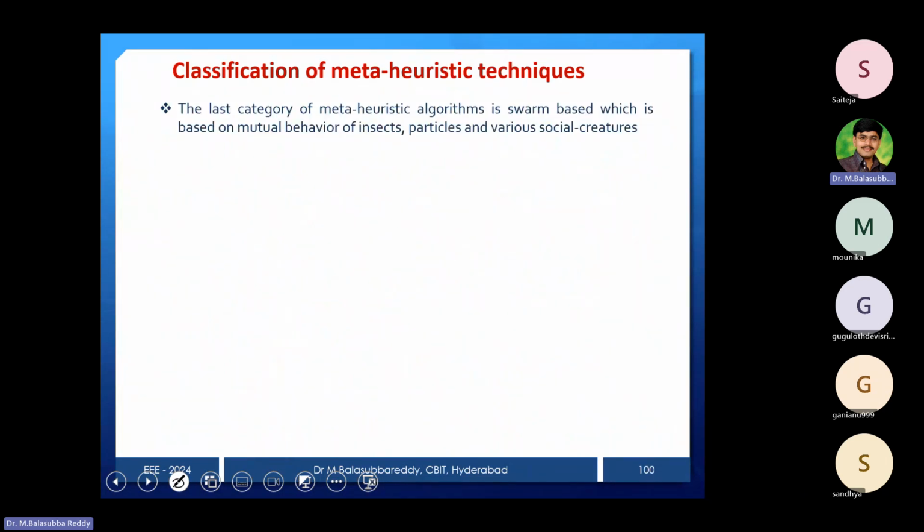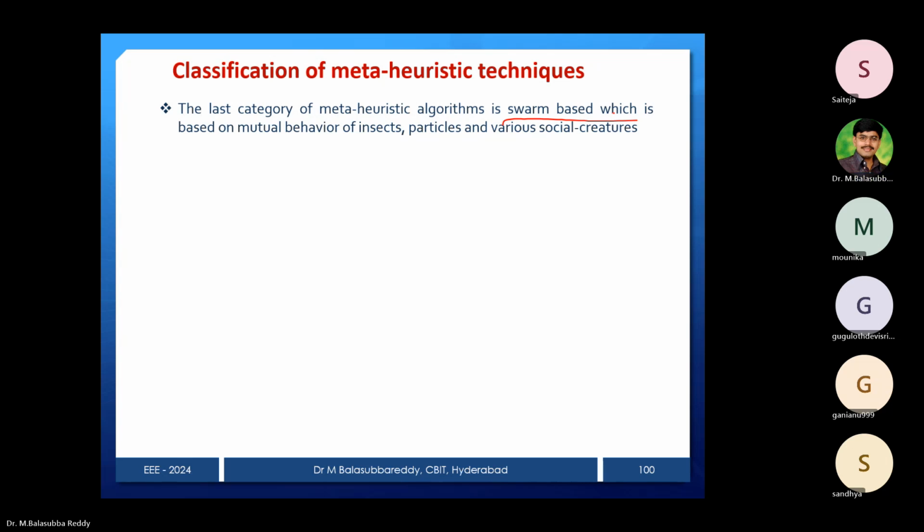The last category is swarm-based, which is based on the mutual behavior of insects. So here, this is all in general related to insects only.